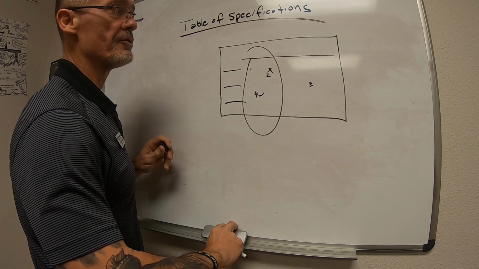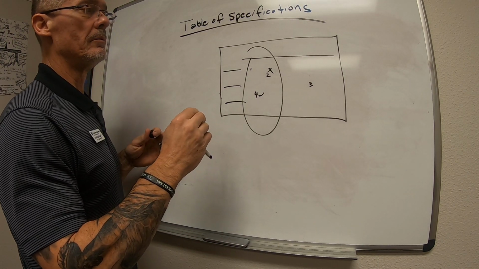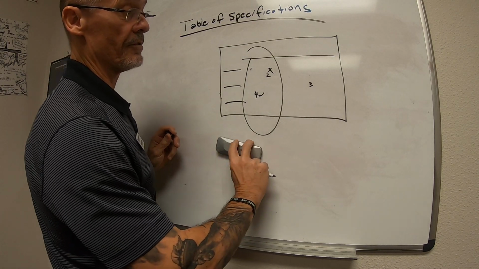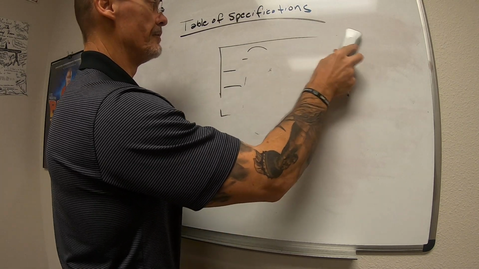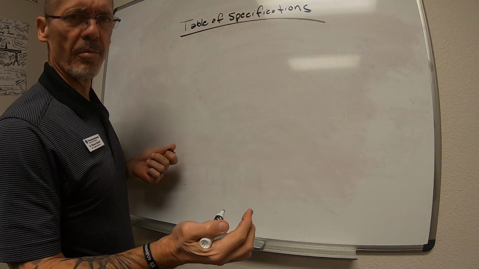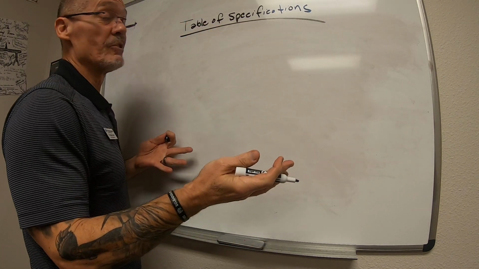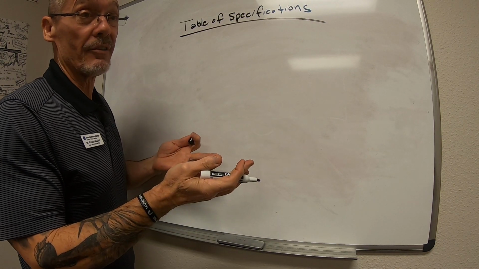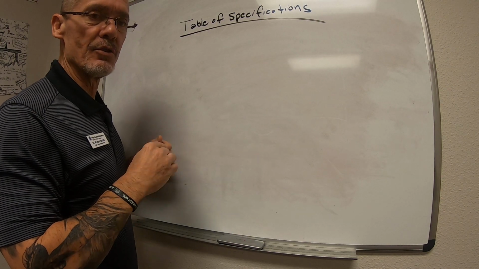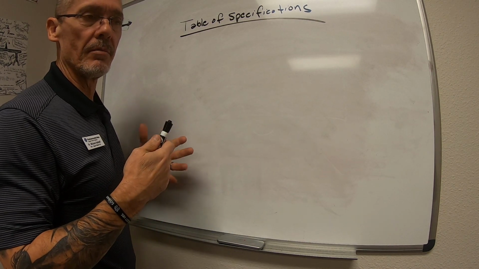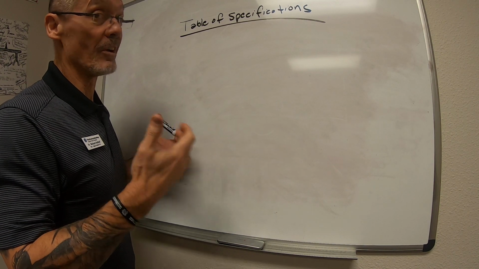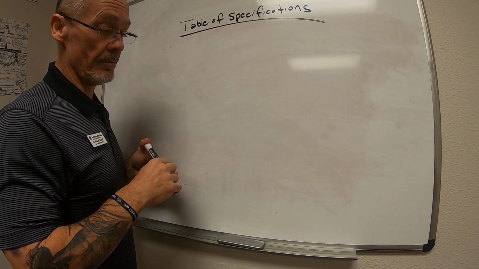You do the same approach for the other table of specifications that focuses more on affective domains and psychomotor domains and those kinds of things, if that's appropriate for your test. It's really that simple. There's no right or wrong answer. It's you looking at your test and just using it as a tool to help infuse some reliability and validity into it on some level. And I wanted you to be exposed to it.